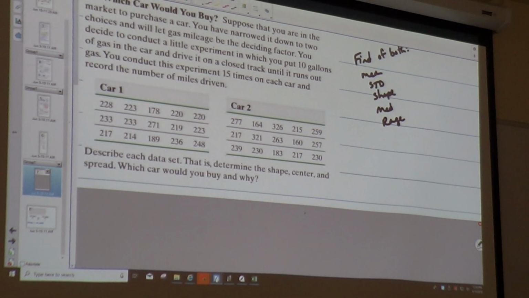Oh, no. So I drove the car 15 times and I'm telling you every piece of data I have. So it'd be what kind? It would be population, because I'm telling you all the data I have. That is all the times that I rode around that car. That's every single time.